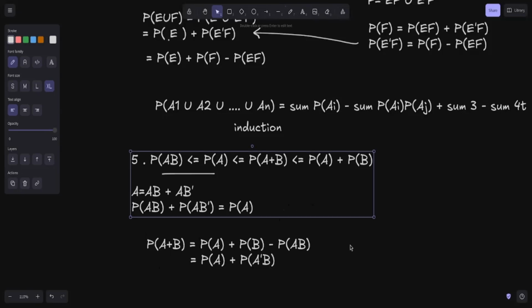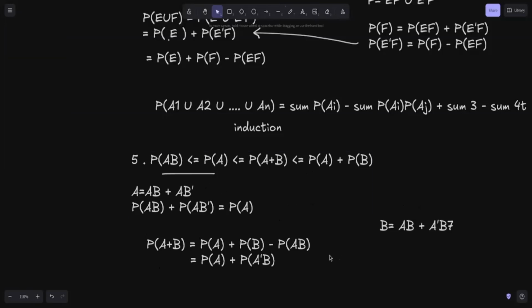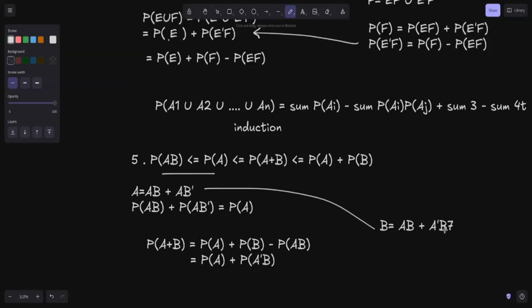How did I get this? B is nothing but AB plus A dash B, similar to this equation. So nothing very different. Now you can see that P(A) has to be less than P(A+B). Simple logic. Then this part is also proved.